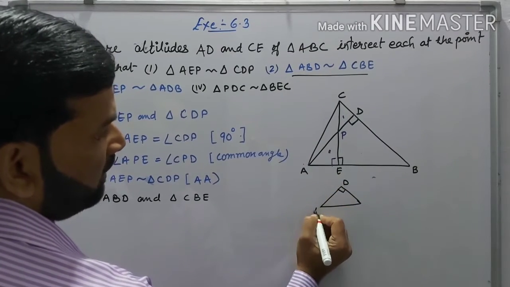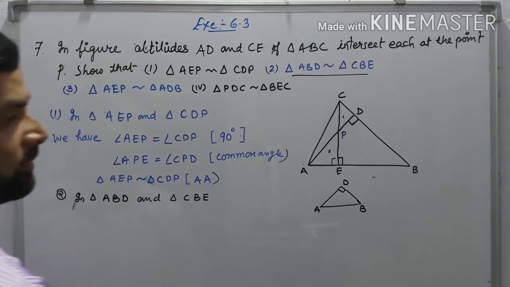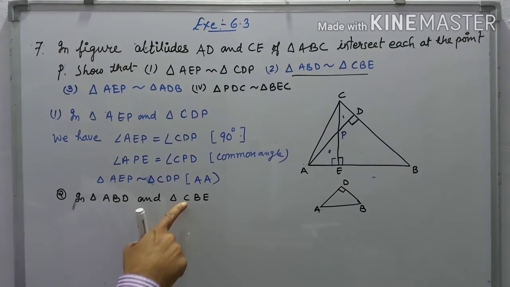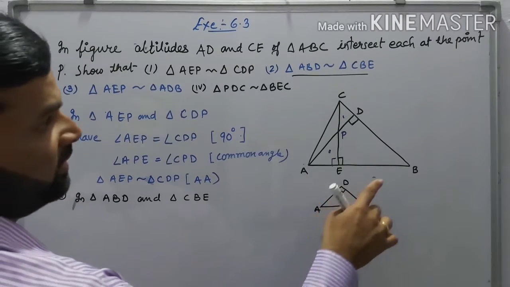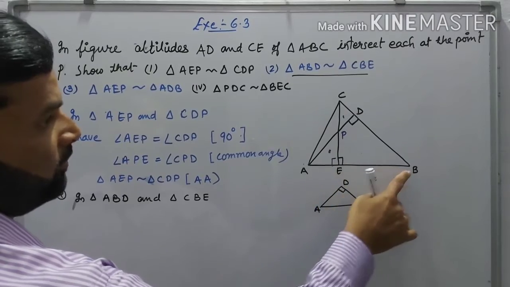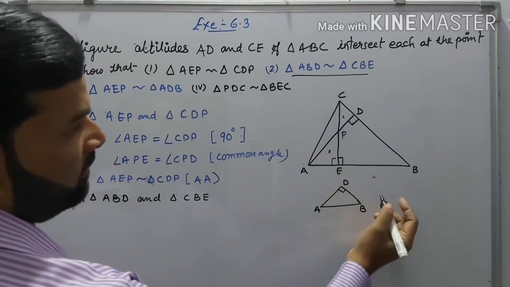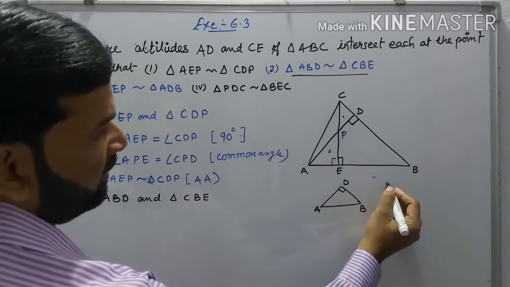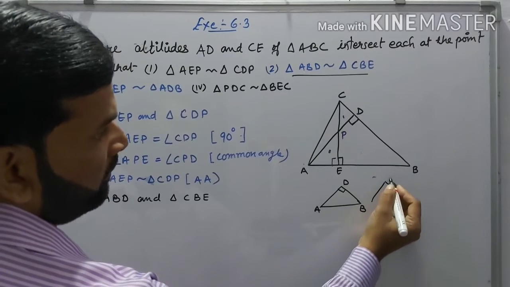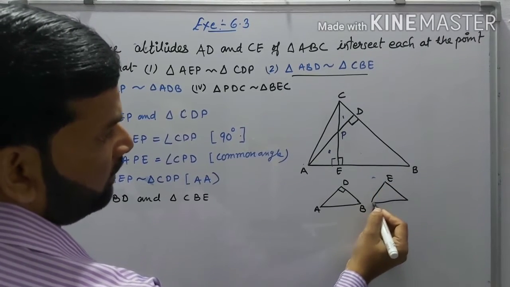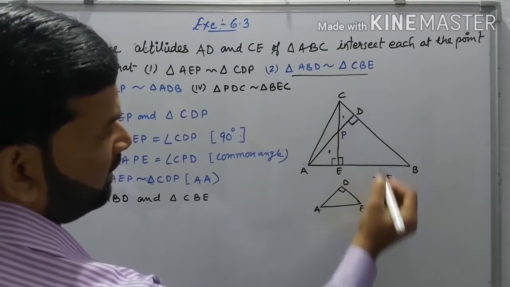This is DAB. And second triangle CBE. Where is the CBE? In CBE, the E is a 90 degree angle, and the place of B is B and C is here.